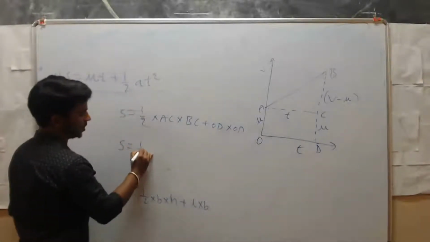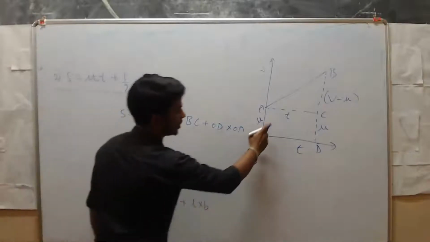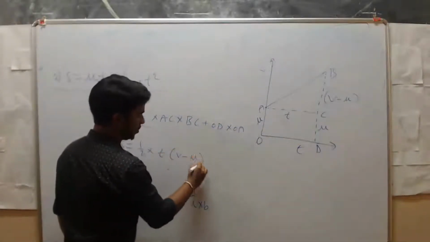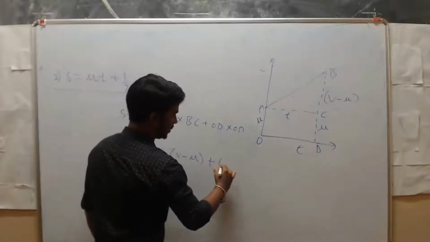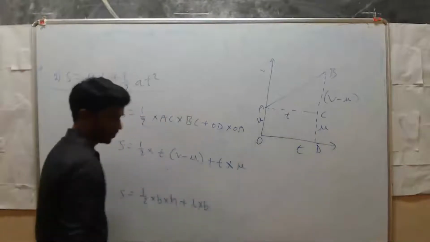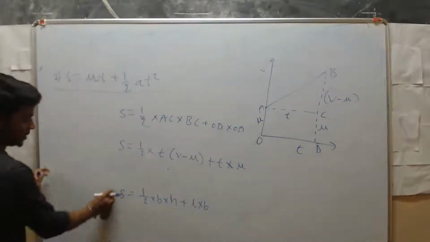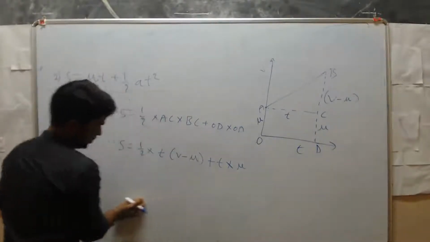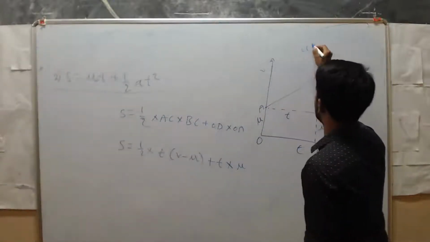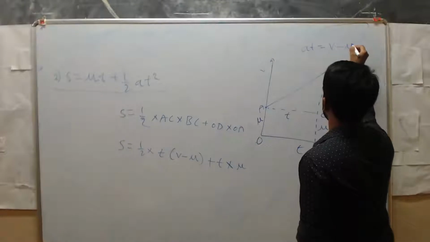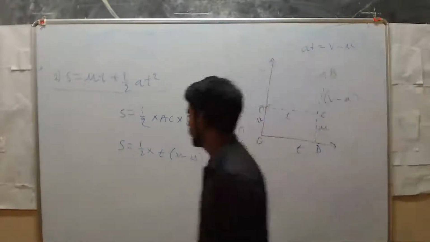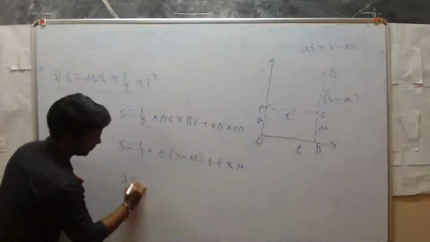So s equals half into AC, which equals the time taken t, and BC is v minus u, plus OD is t and OA is u. Next, using the first equation of motion, we got the expression at equals v minus u.